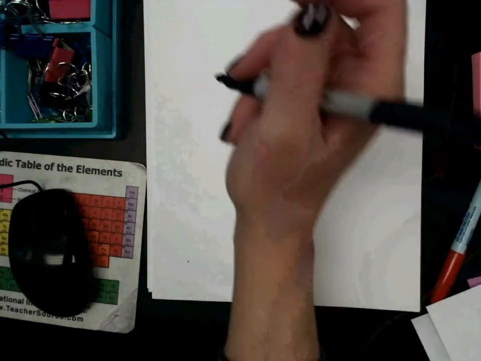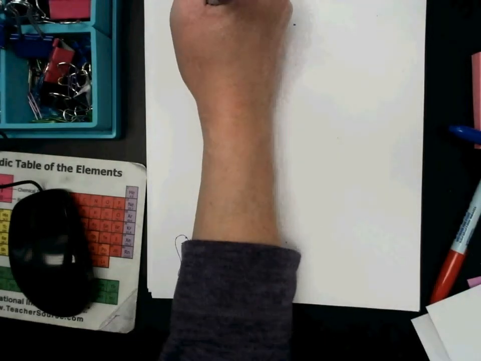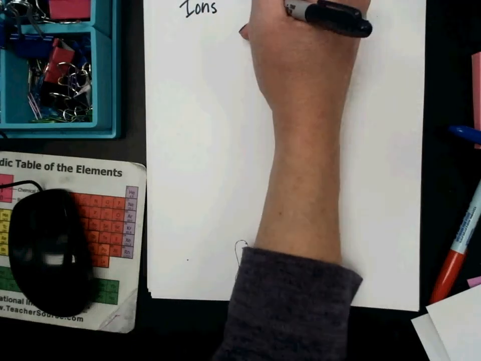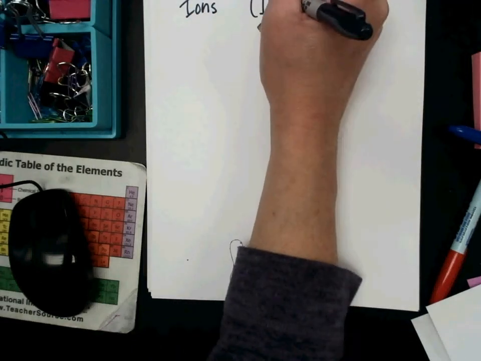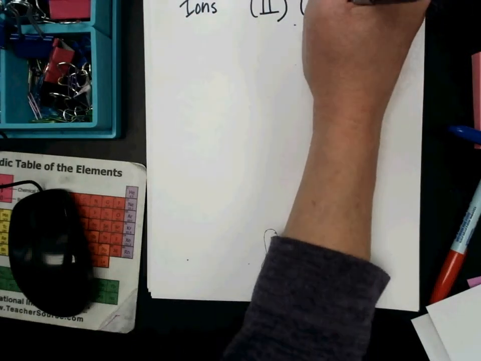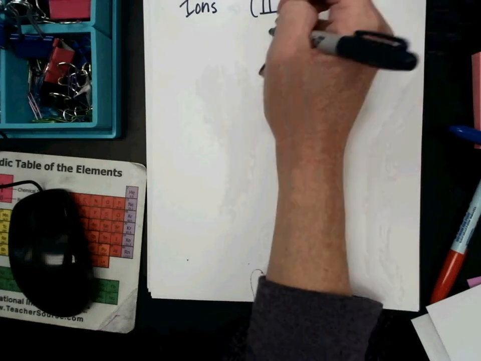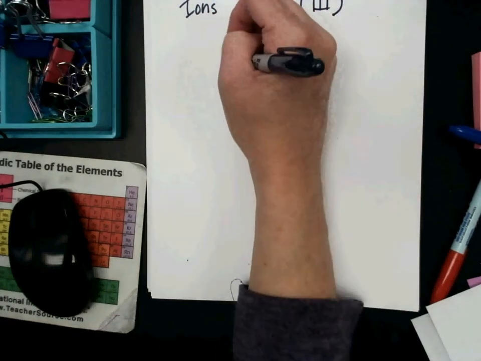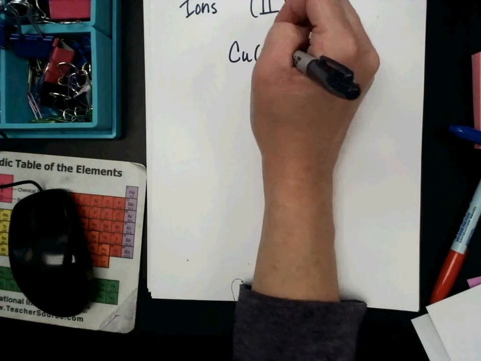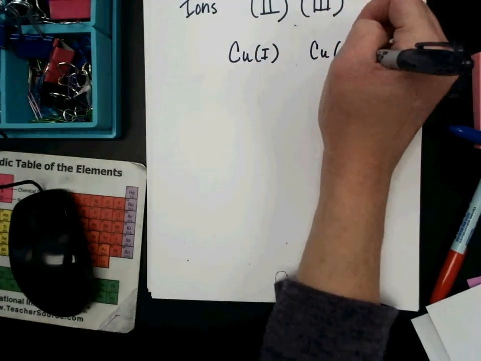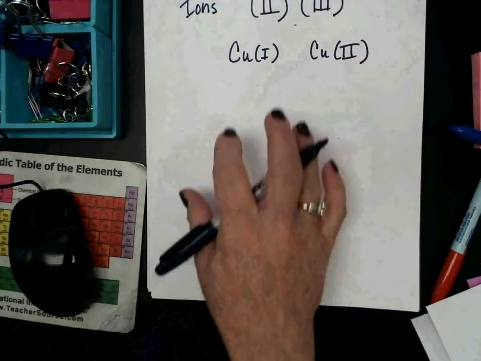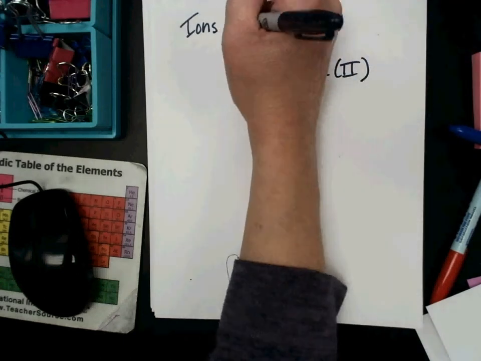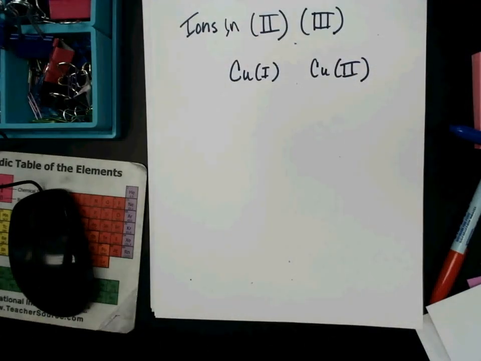We've got all kinds of things going on in the transition metals. Remember that we also have ions that are followed by Roman numerals, like tin 2, tin 3. You know, I've got copper 1, copper 2. We have a lot of things in the transition metals that will form multiple types of ions.